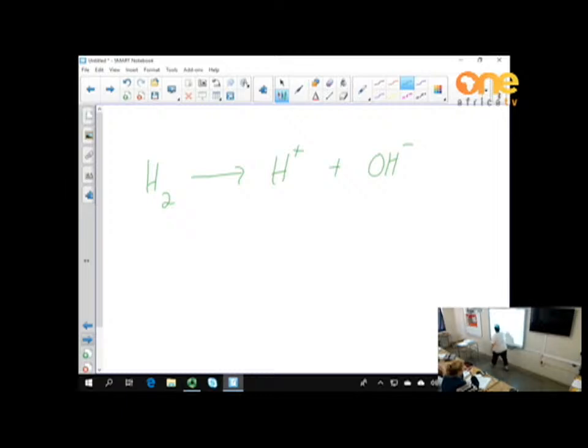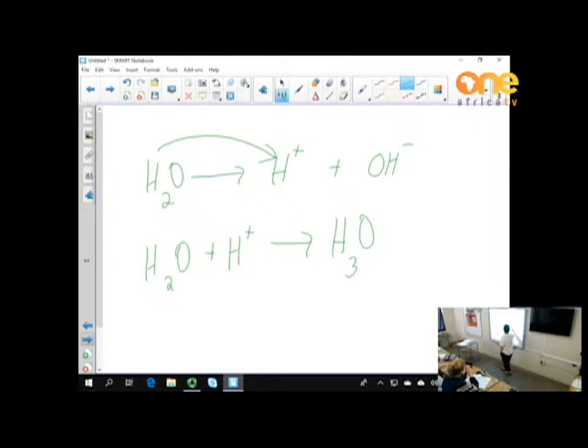Look at my H2O. The water is acting like an acid because it has donated a proton. But water can also do this. What has water now done? It has accepted a proton. So in this case, water is amphoteric. You with me? All right.